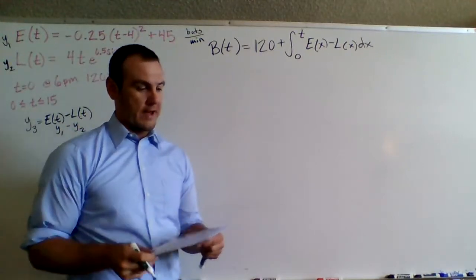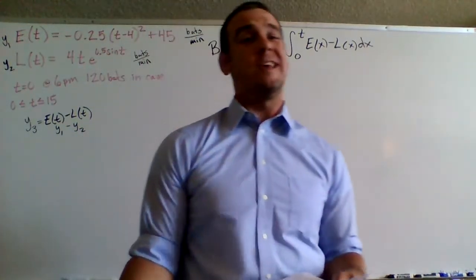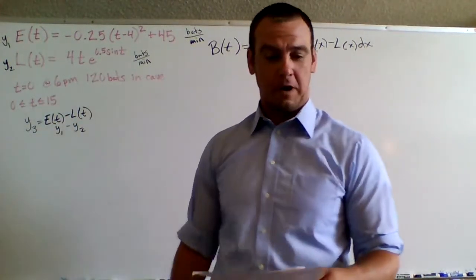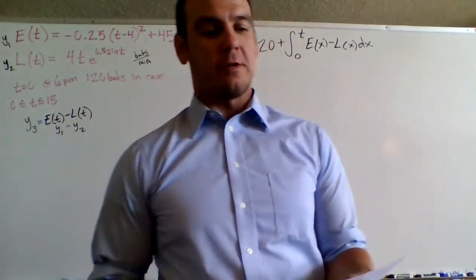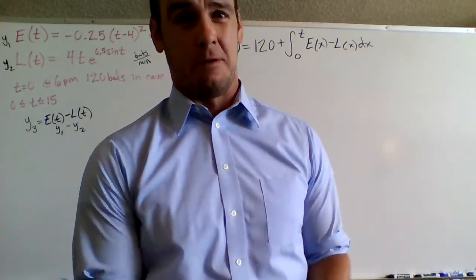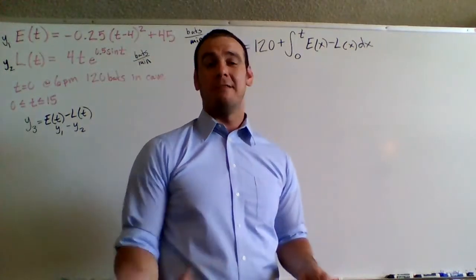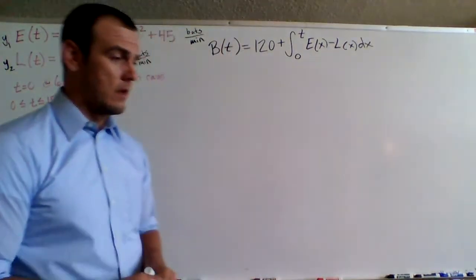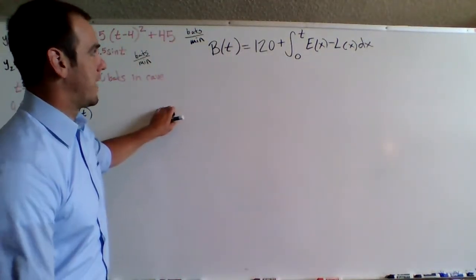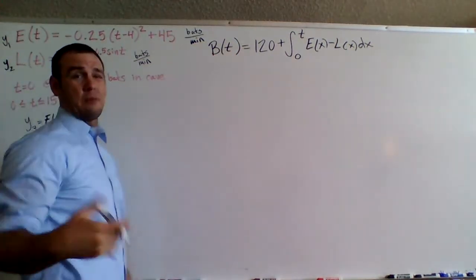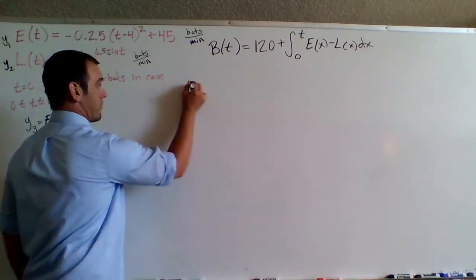But 8, well, at what time t between 0 and 15 will the population of bats in the cave be at a maximum? So we are using that entire duration of this problem. Okay, and we want to know how many bats are in the cave at this time. Justify. So we want to know the maximum number of bats in the cave. Understand B of t represents the number of bats in the cave, so we're going to have to first do our endpoints.